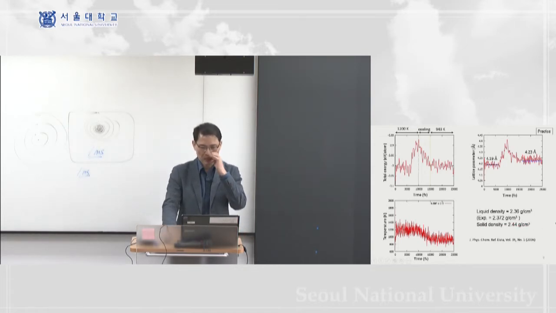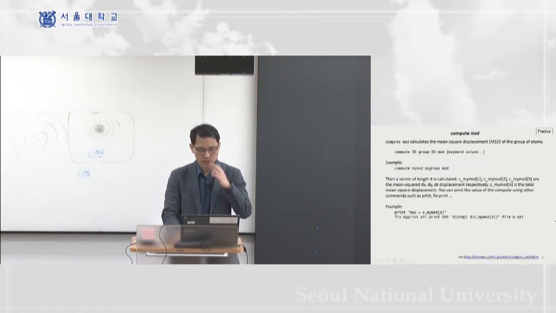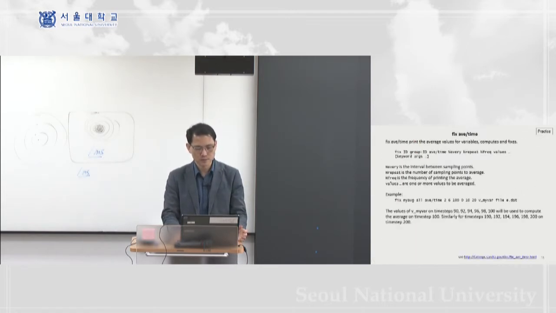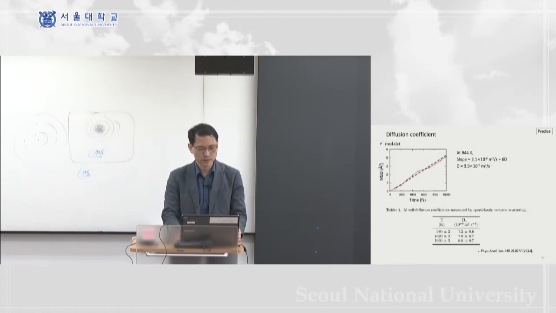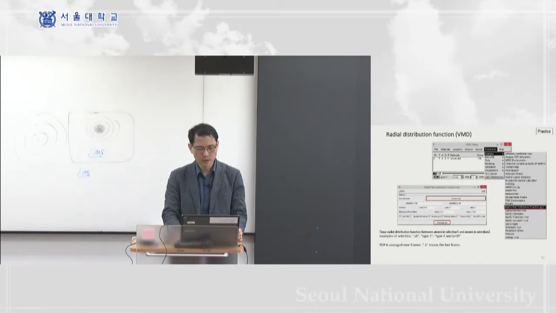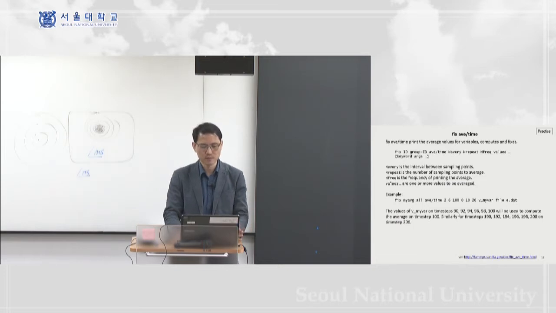All right, so this is how you obtain this liquid structure, and this is the mean square displacement. You may need VMD software to calculate them. The mean square displacement you can obtain directly from LAMMPS.